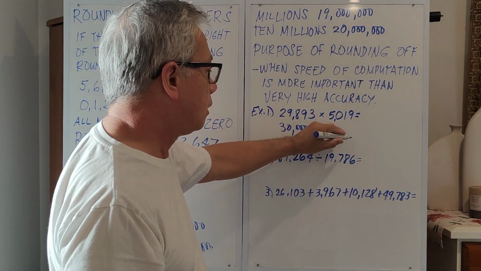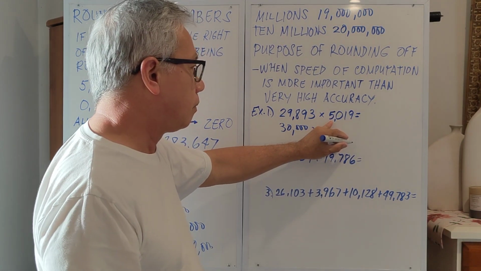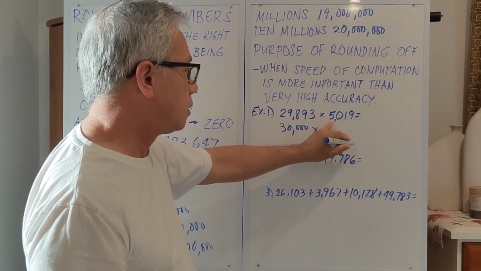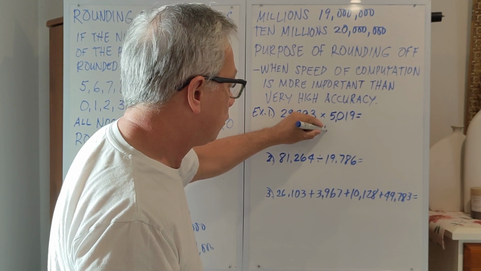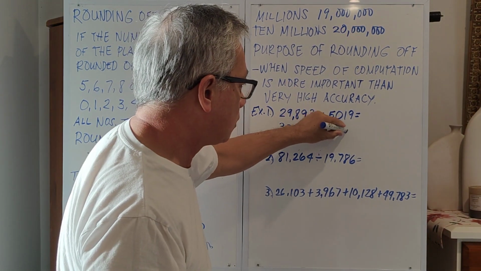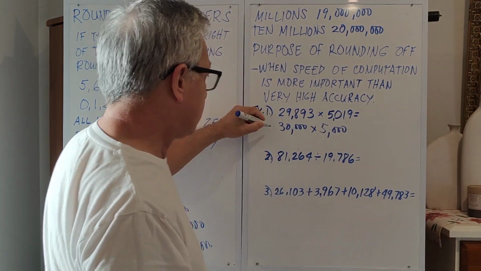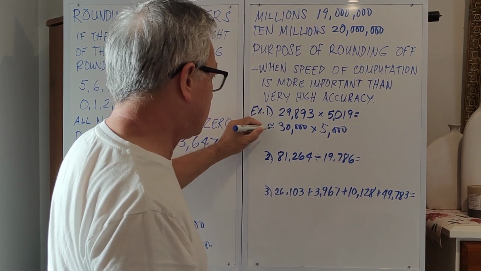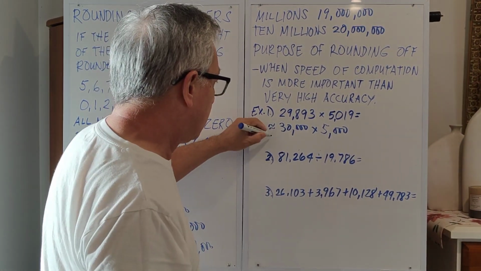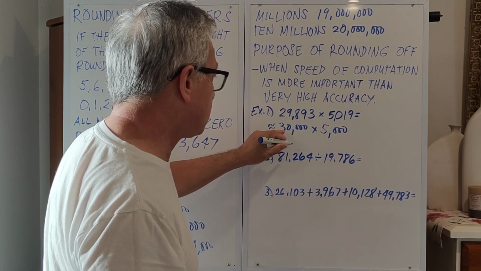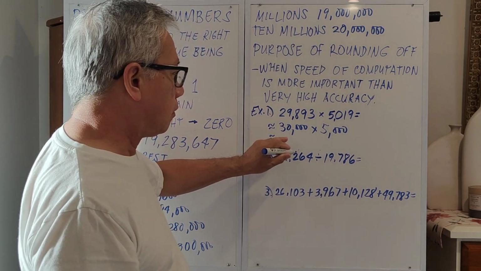This one is 5, rounded to the nearest 1,000, this one becomes 5,000. So approximately, this is a symbol for approximate, we can compute easily.